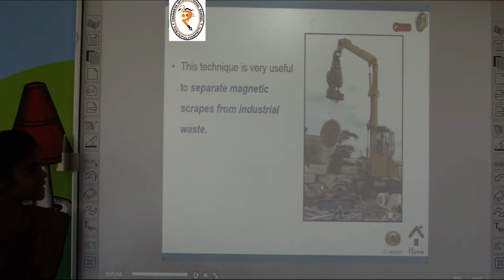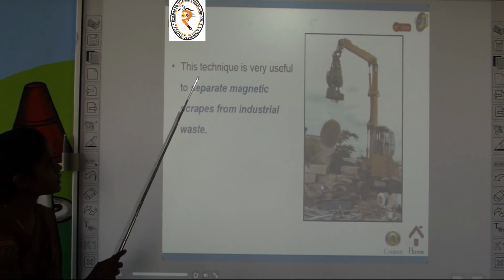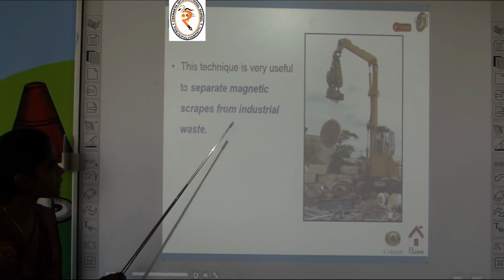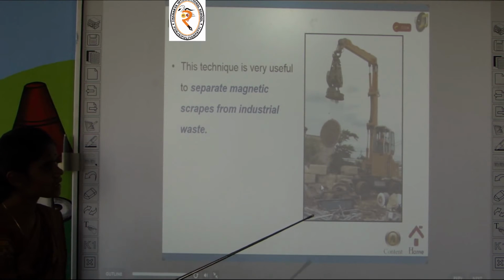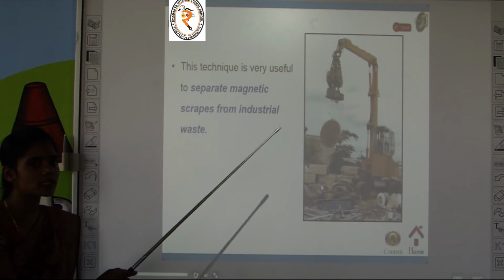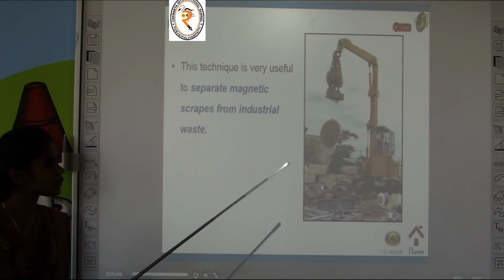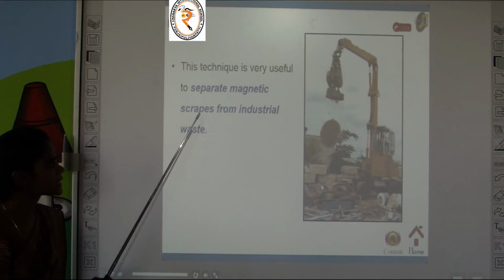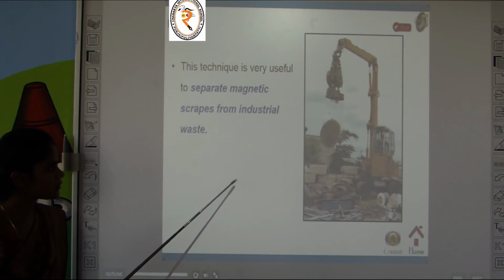This magnetic separation technique is very useful to separate magnetic scraps from industrial waste. Look at the picture here. They can use the magnetic separation mixer. What is the use of this? It is used to separate the magnetic scraps from industrial waste.